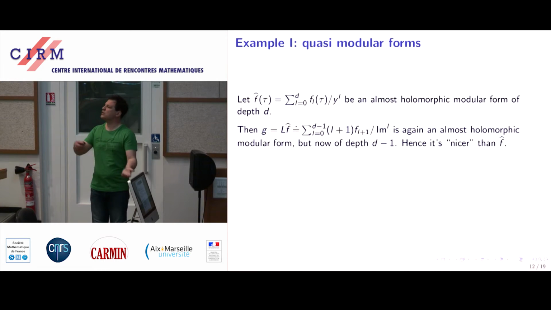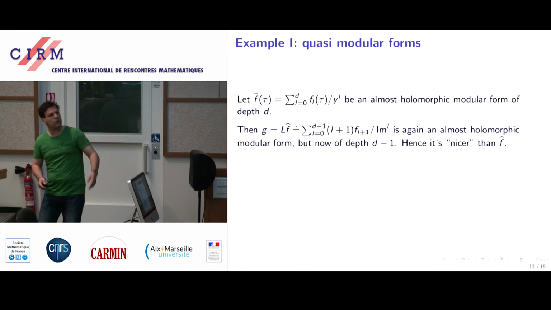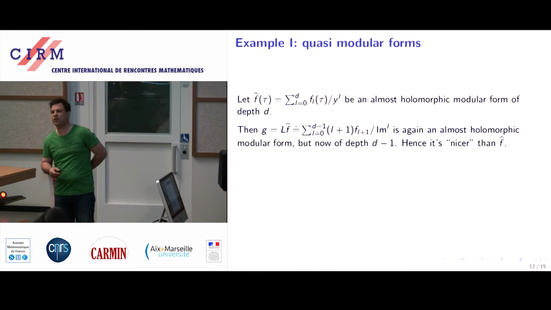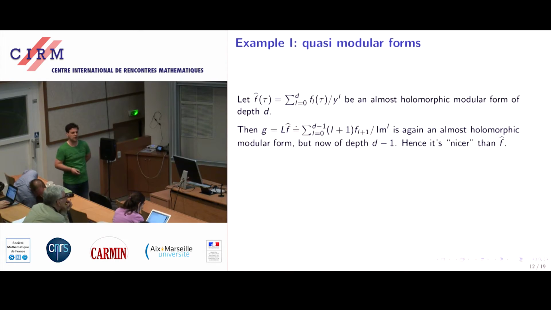And then we can do the naive integration. So as I said, what if I would just give you this thing, and I would tell you that you have to find something such that the Maass lowering operator applied to it gives you back this thing? What would you do? Yeah, what you see here, you lost f_0. That just dropped out. All the other f's are still there, only f_0 somehow got lost.